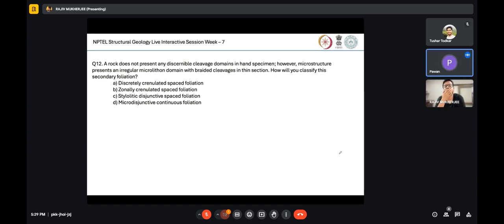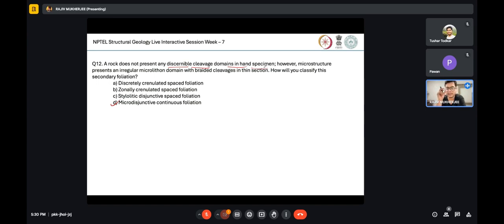I think it's D, microdisjunctive continuous. Exactly. Because if there are no discernible cleavage domains at hand specimen scale, that means it is not spaced, it is continuous cleavage. Spaced cleavage has a spacing of at least 10 millimeters or greater.